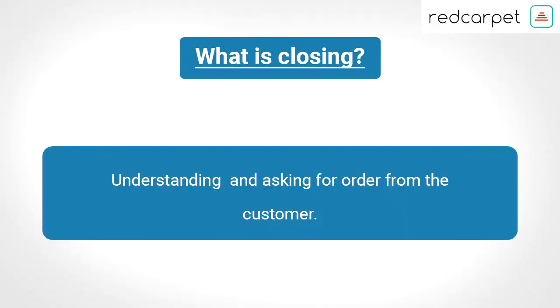Closing, as discussed earlier, is all about asking for the order from the customer. To understand closing better, there are certain concepts which we need to understand. These concepts are objection handling and buying signals. In our earlier videos regarding objection handling and buying signals, you can find details about the same, so I request you to get details from there.